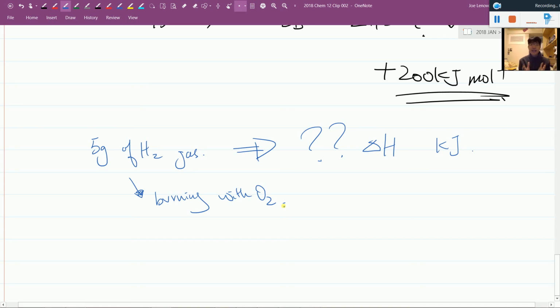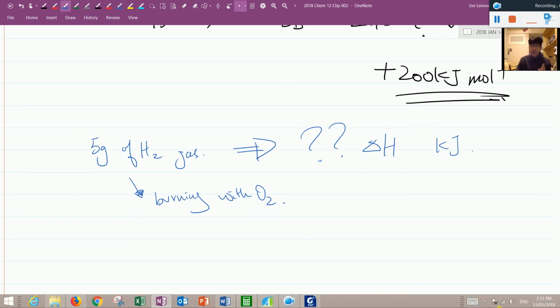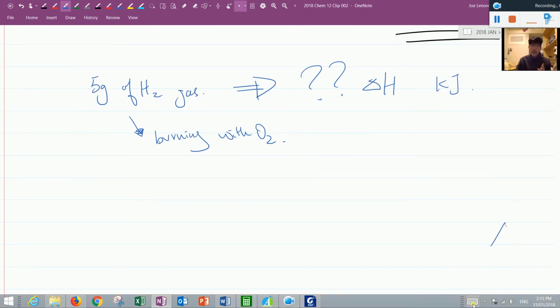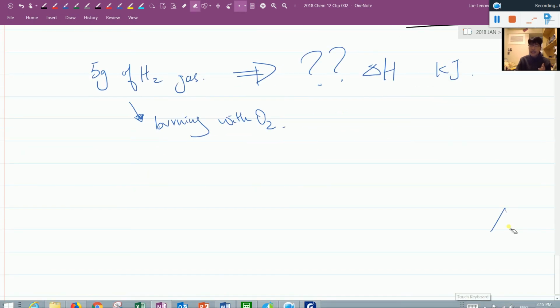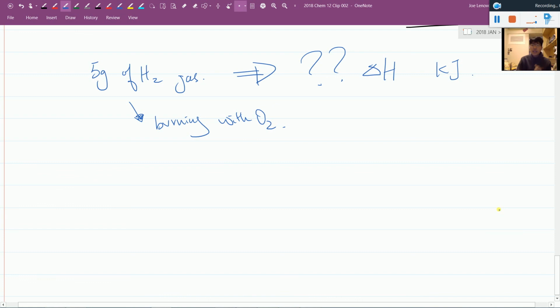Now, give yourself a chance to think about this question. We have 5 grams of hydrogen gas, and you need to use an equation to begin with. So please think about what would be the equation that you use: hydrogen gas with oxygen gas, and what is the product?